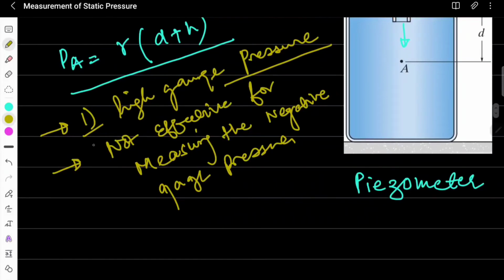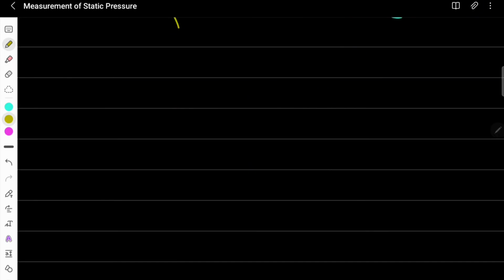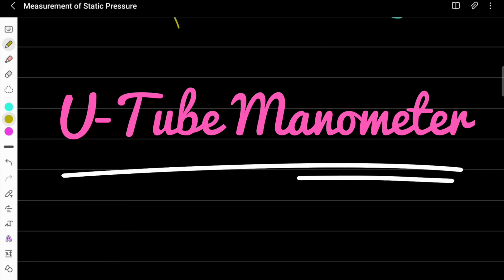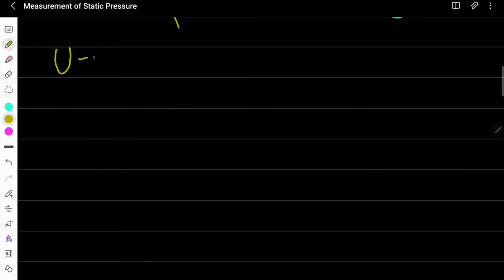That's why in both these two situations we should not use this manometer. So what else can we use for the other pressures? Let's discuss further. When we have to measure very high gauge pressure or negative gauge pressure, in both situations we can use a U-tube manometer.